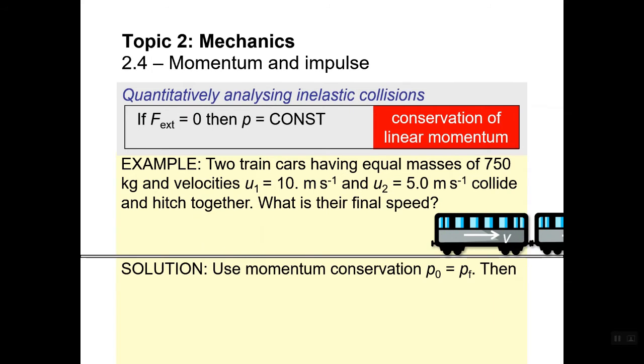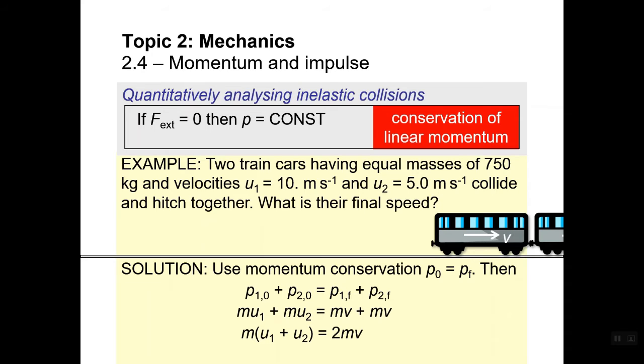Initial momentum equals final momentum. That is, initial momentum of the 1 plus initial momentum of the 2 equals final momentum of the 1 plus final momentum of the 2. Substitute values, they are the same, so mu1 plus mu2 equals mv plus mv. You can see final momentums are same.